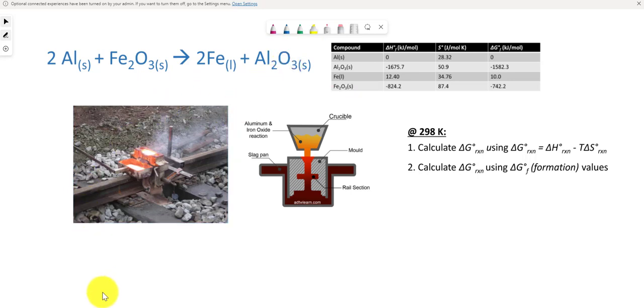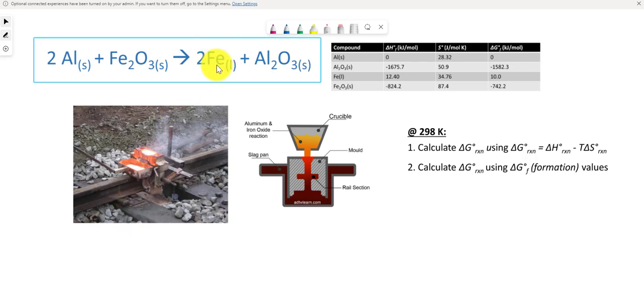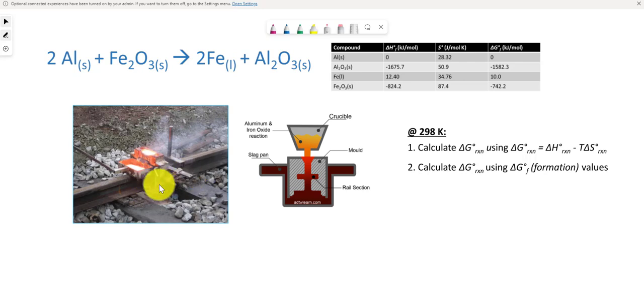And this is really commercially relevant because it allows folks who are assembling railroad tracks to do on-demand welding, because you can create liquid iron, and that allows you to join railroad tracks in the field when you don't have access to necessarily things like an acetylene torch or gas or anything to heat this up.